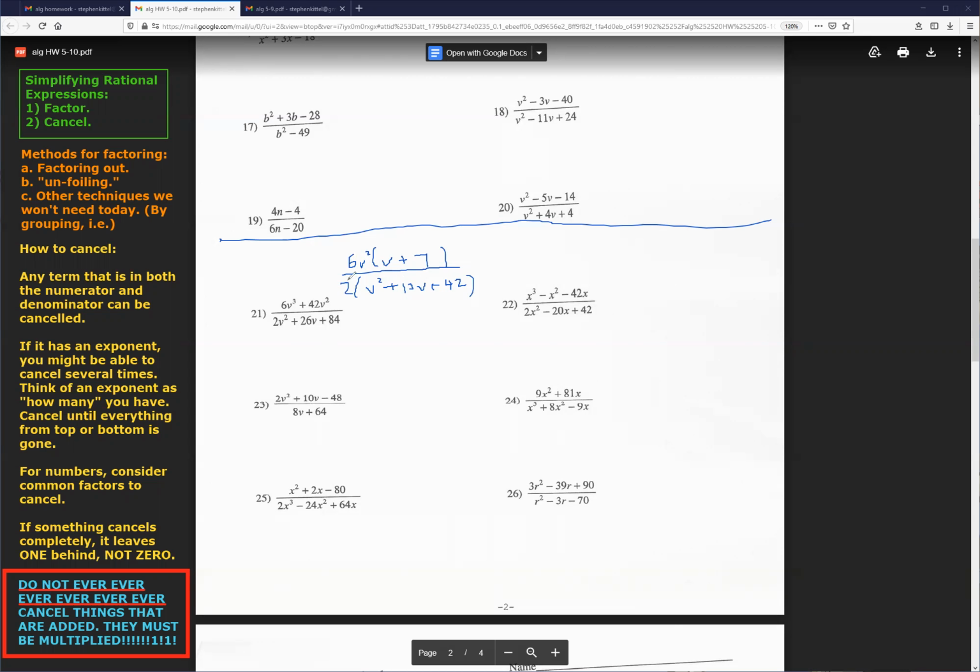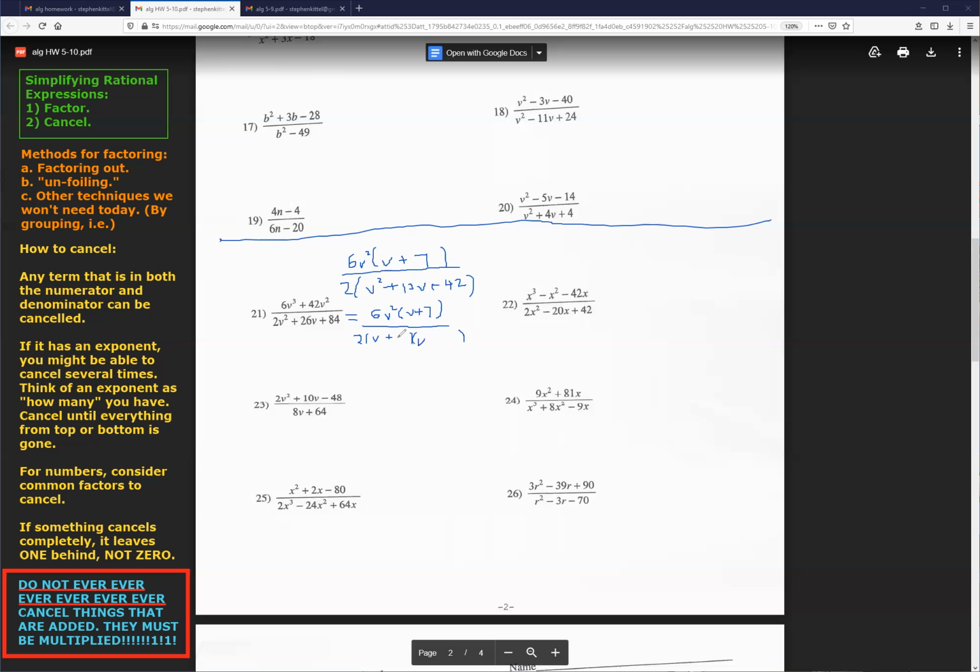Now, at a glance, we can cancel the 6 with the 2, but there's actually more because this quadratic down here is going to factor further. So this is 6v squared times v plus 7 over 2, and we got to set up our parentheses. All right, we got a v in front, multiplies to 42, adds to 13.